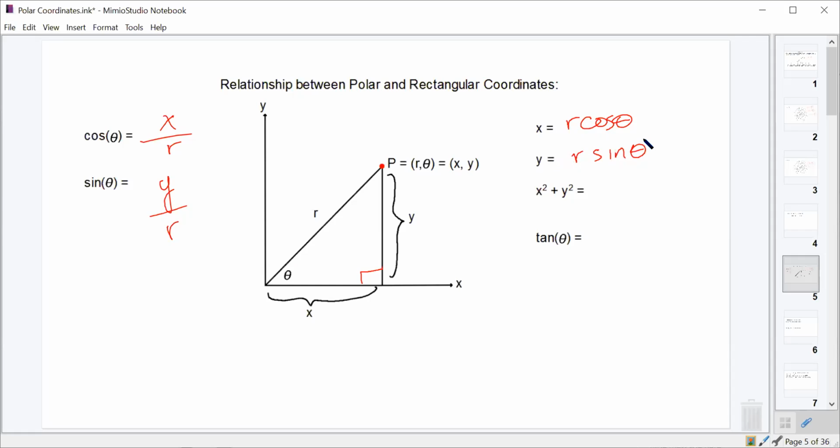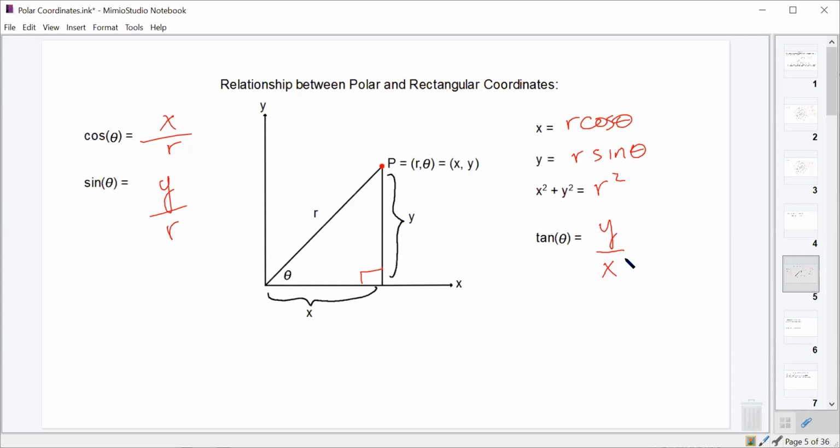Splendid. All right. And what about x squared plus y squared? What should x squared plus y squared equal according to the Pythagorean theorem? Yep, should be r squared, that hypotenuse r squared. And what about the tangent of theta? Y over x, right? Tangent of theta should be y over x.